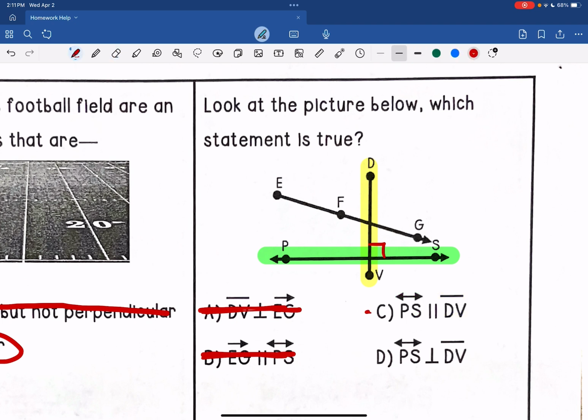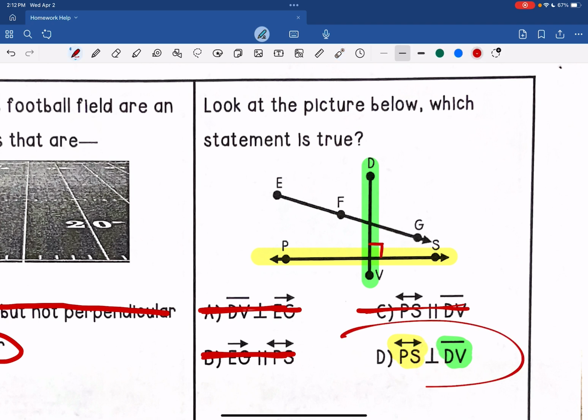We can say safely C is not the right answer because these are not parallel to each other. So now we better hope D is right because we said all the other ones were wrong. Let's check D real quick. D says line PS, this guy, is perpendicular to line segment DV, this guy. And so, yes, we can see that that does form a right angle. So, yes, they are perpendicular to each other. So, yes, D is the correct answer.